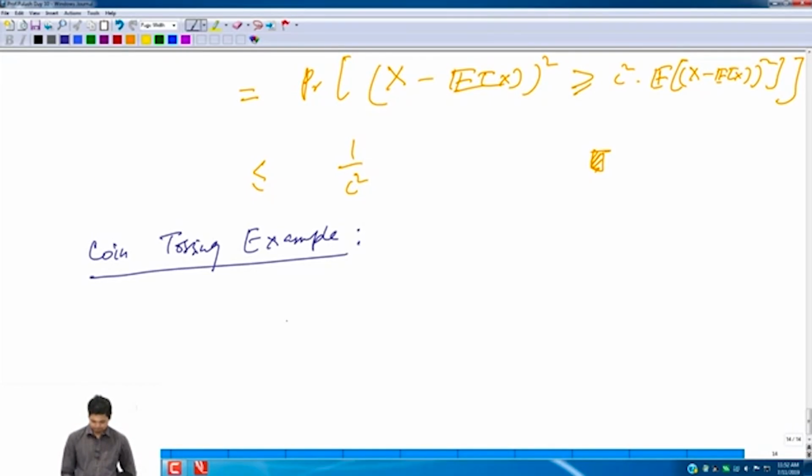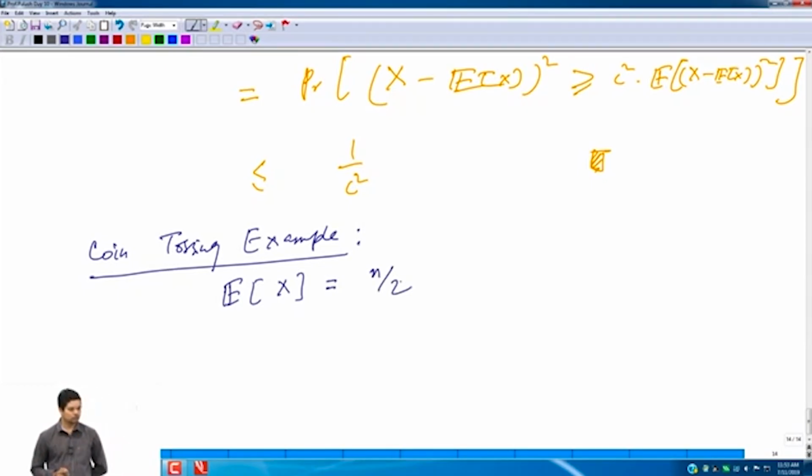So we saw that, recall, expectation of x is n by 2, right?